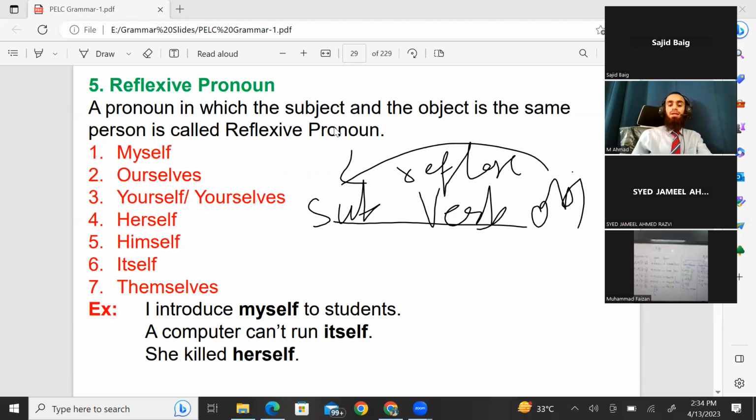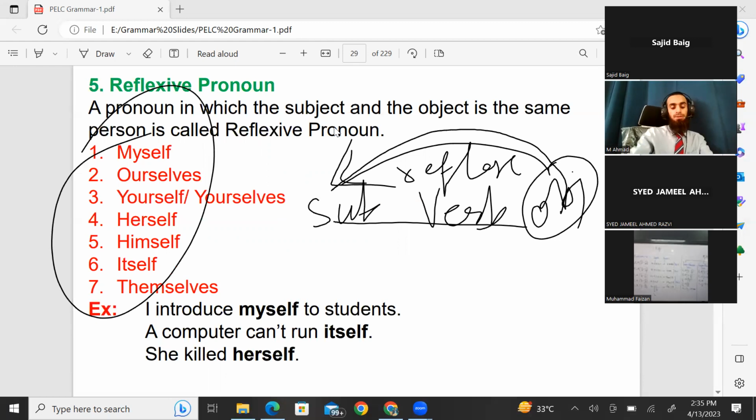Now, if you use a pronoun as the object, and that pronoun object reflects back on the subject, these are some examples, right? See, I introduce myself. This myself, which reflects back on the subject, is called a reflexive pronoun.